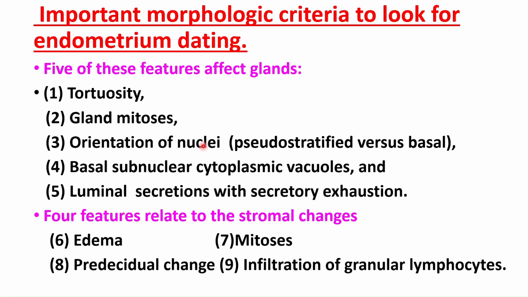For dating, 5 features affect the glands and 4 features relate to stromal changes, which are important for endometrial dating.